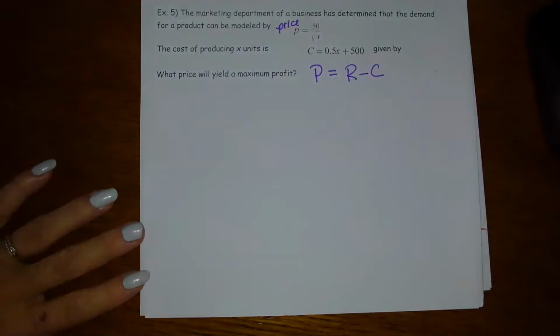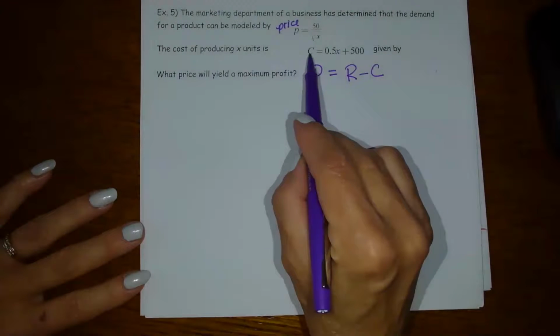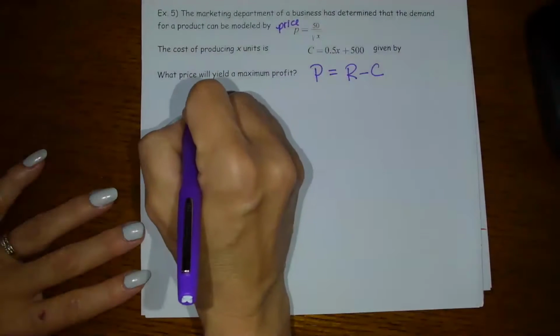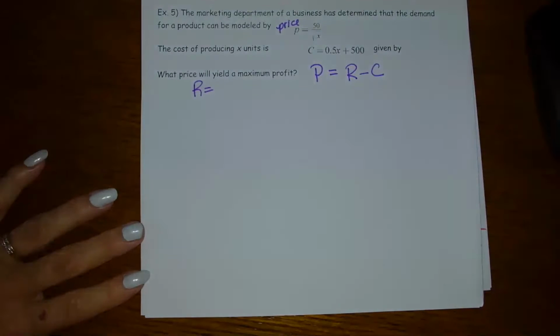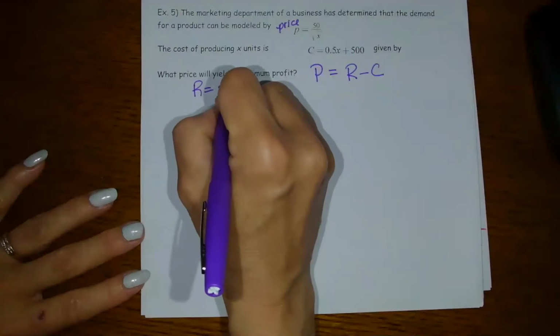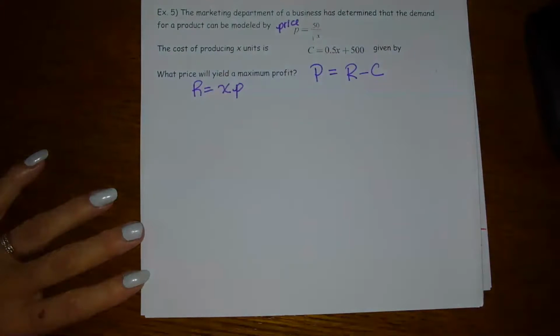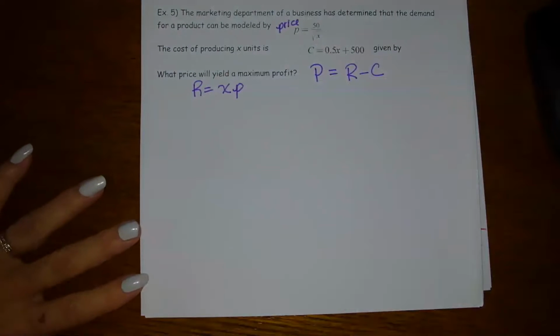Right? Profit is revenue minus cost. Now, you know cost. It's right there. But you don't know revenue. Where do I get revenue? What does revenue equal? X times little p. If you know little p, you can find revenue.